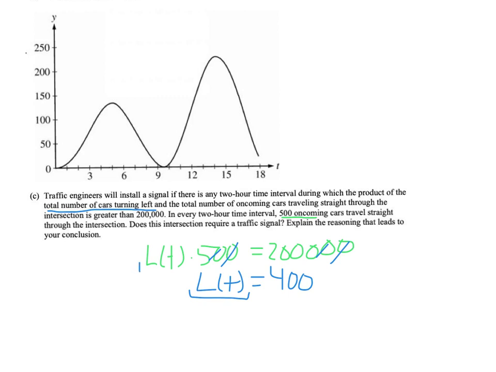So instead of this rate, I really want the total number, which is going to be from, I don't know, any A to any B. We have a 2-hour interval going on there. So that means that the accumulation over this time would be a total of 400. So try to find somewhere that the area under this curve would be equal to 400.